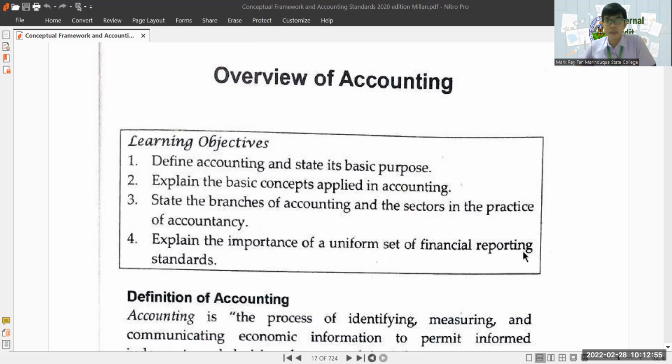I just used this PDF so I could have a display material for you to see, other than just me discussing the topic without display material. Gagawa pa ako, which would take me quite some time to do. So, wag na nating patagalin, i-discuss natin.